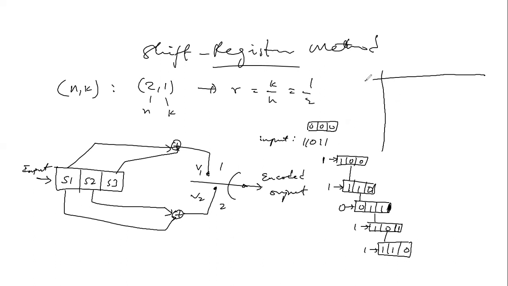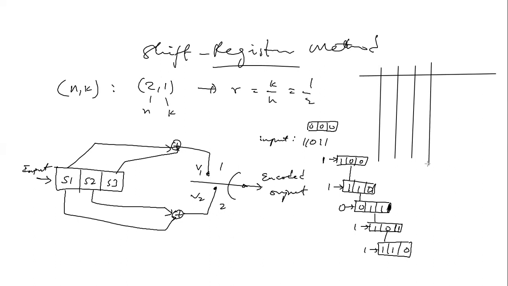We have the input, then we have shift register 1, shift register 2, shift register 3, then our outputs V1 and V2.